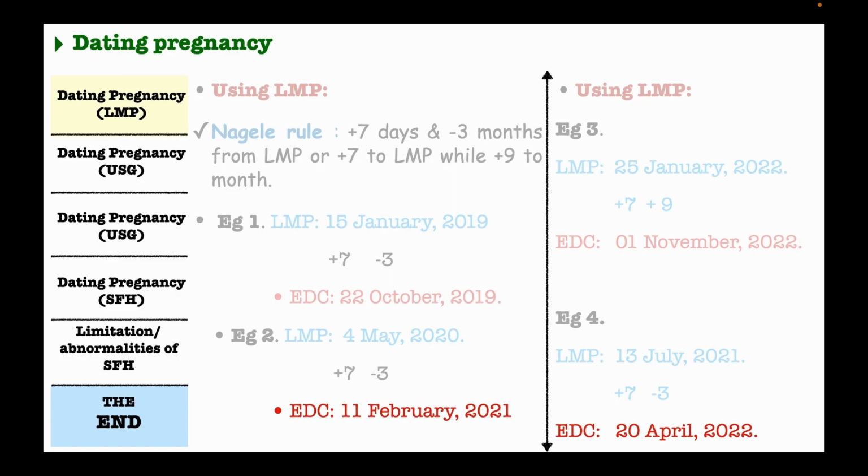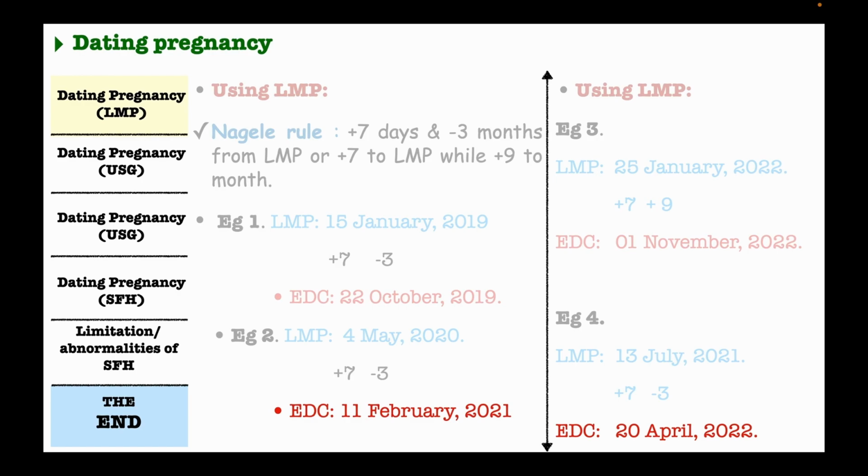That's how come we are having 20th April. And since we've said before that January, February, March, the delivery is going to happen in the same year, any month apart from these 3, the delivery is going to happen in the upcoming year. That's how come we have 2022.